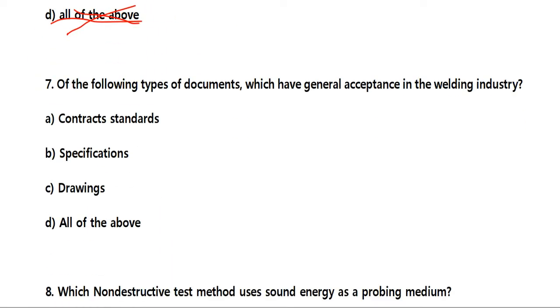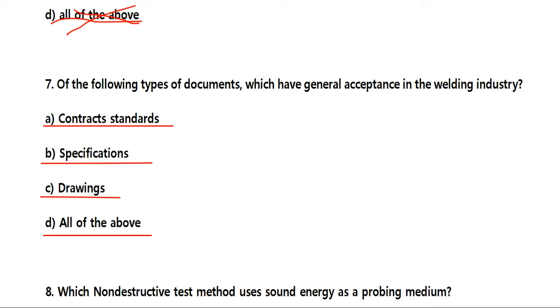And number 7, of the following types of documents, which have general acceptance in the welding industry? A is contract, standards, B specification, C drawings, and D all of the above.